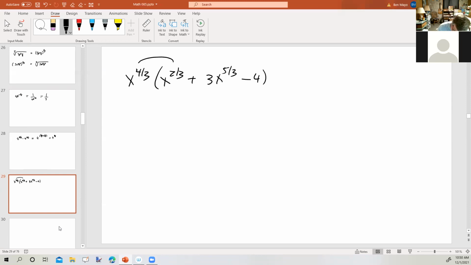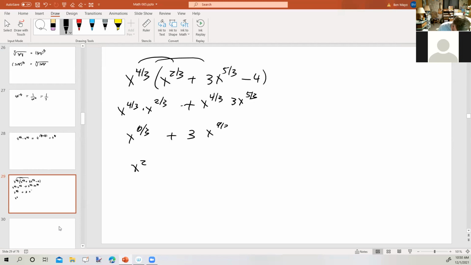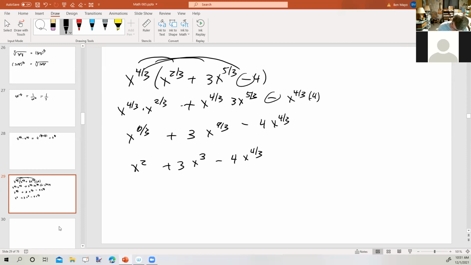Distributing, we get x to the 4/3 times x to the 2/3, which is x to the 6/3, or x squared, plus x to the 4/3 times 3x to the 5/3, which is 3x to the 9/3, which is 3x cubed, minus x to the 4/3 times 4, which is minus 4x to the 4/3. And notice I put that minus sign here instead of over there.